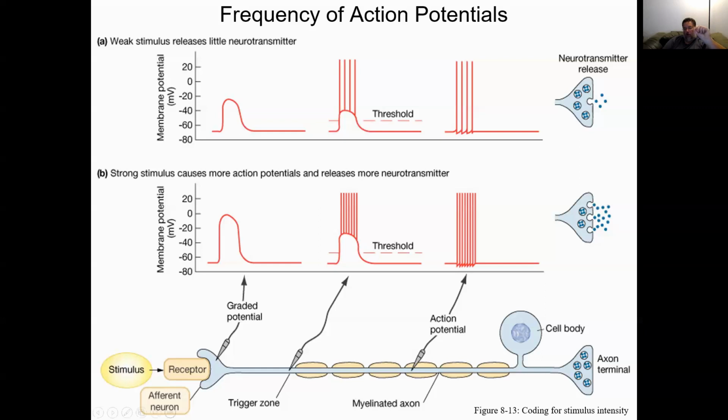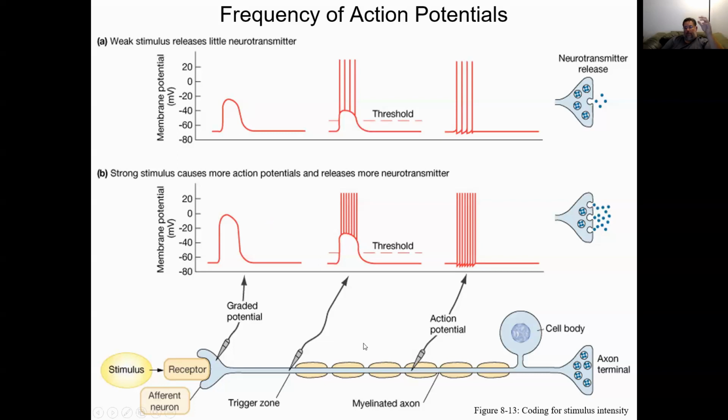However, let's say there was a strong stimulus, and now we go up from negative 75 millivolts, the resting membrane, to nearly 0 millivolts or 5 millivolts. So we've increased the depolarization substantially more in this strong stimulus. We went from negative 20 millivolts in the weak stimulus up to 0 or 1 millivolt or so.